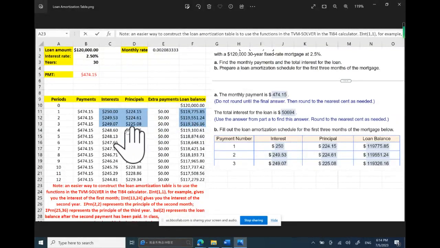Use that to multiply the monthly interest rate. We have the interest for month 3, and then subtract the interest from the payment. We have the principal for the third month. So we subtract the principal from the previous balance. We once again reduce the loan balance.